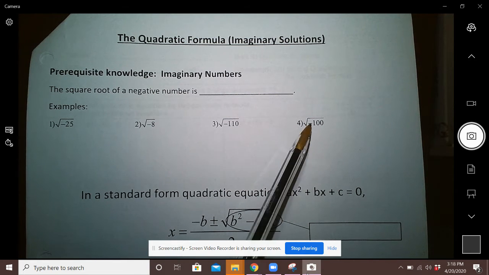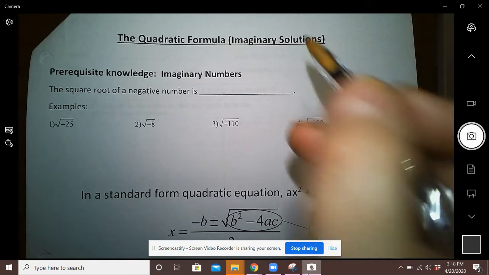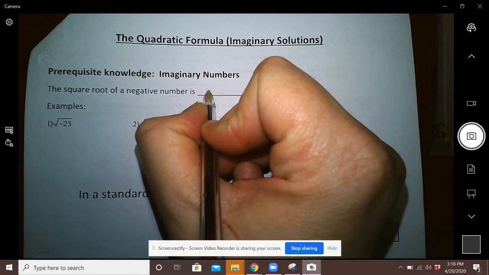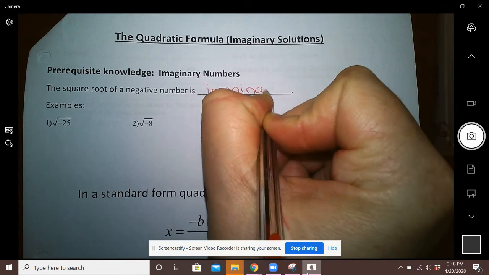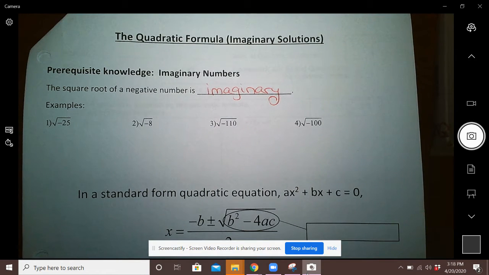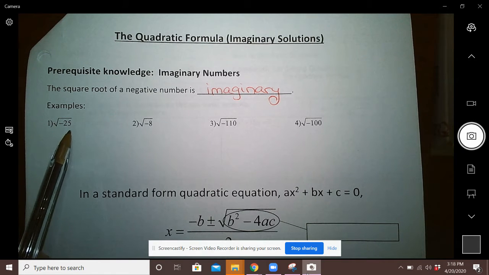Every single radicand underneath the square root is negative, and that is the key. The square root of a negative number is imaginary. And I don't mean imaginary like someone made it up in a mystical universe, but we have no numbers in our number system that can multiply together to give us a negative 25.